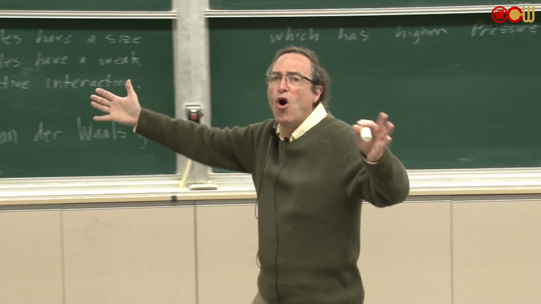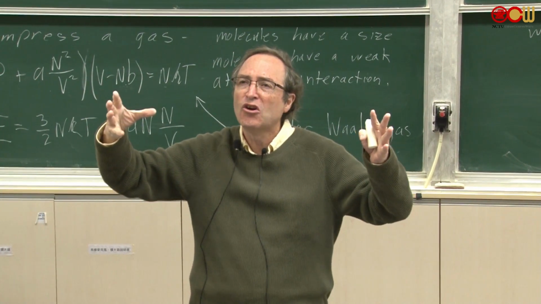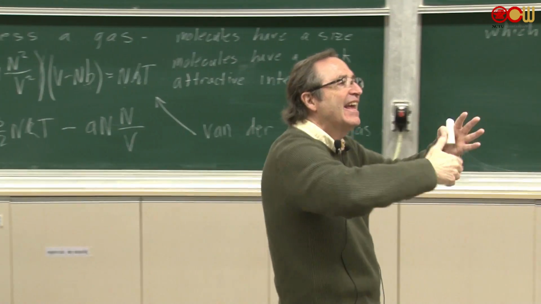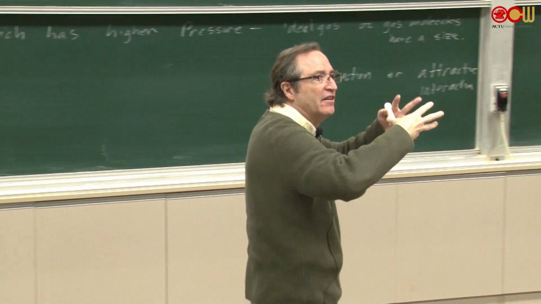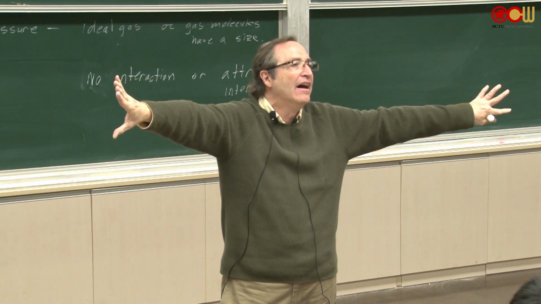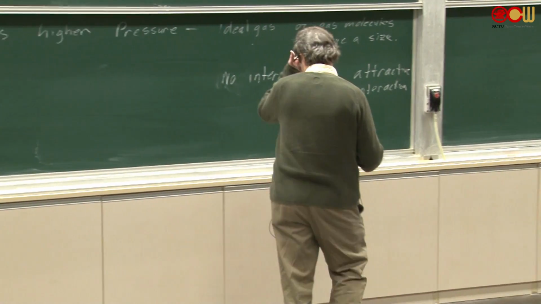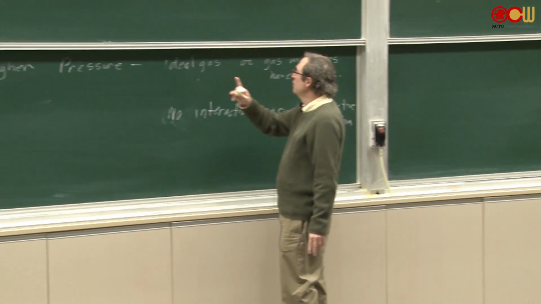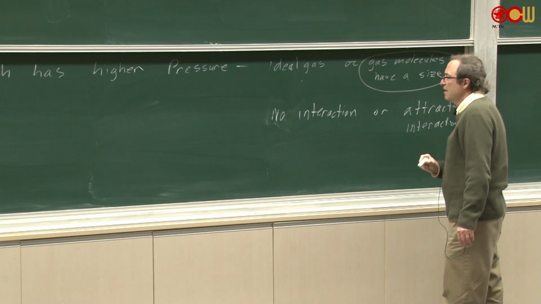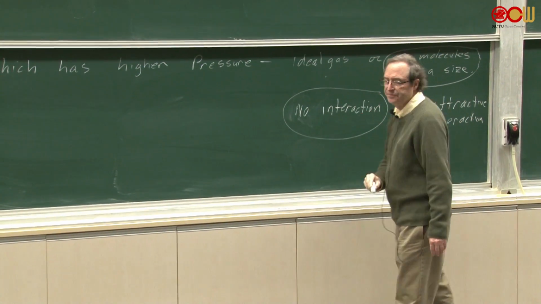So if you think about the walls of the container, the attraction of the molecules causes the molecules to come inside, not against the walls, but towards each other. And so the pressure on the wall goes down. All right? So higher pressure, this was for this, and a higher pressure for this.